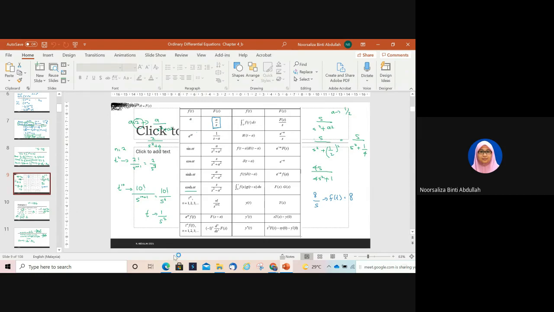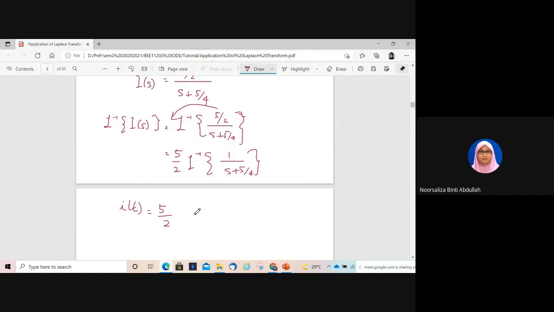So your answer will be exponent minus 5/4 t.